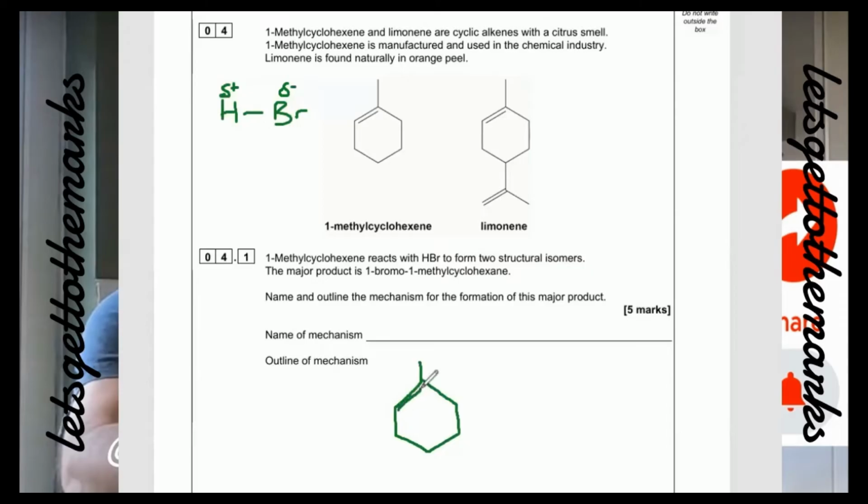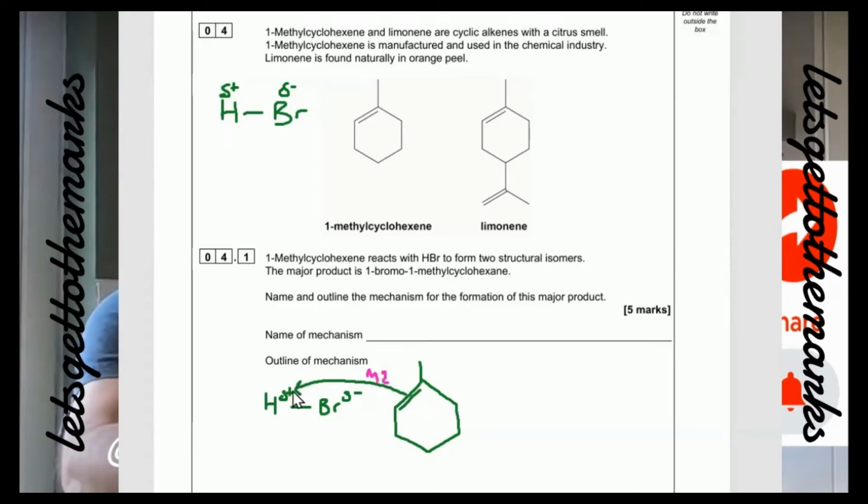And this is the correct start to the mechanism. Although I have to say that double bond is a little bit wonky. So what goes on here? Super. So what happens here is the pair of electrons from the double bond actually move out and attack the delta positive hydrogen. So that's your first mark.